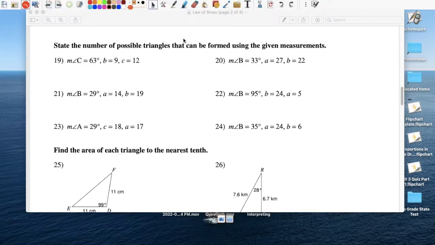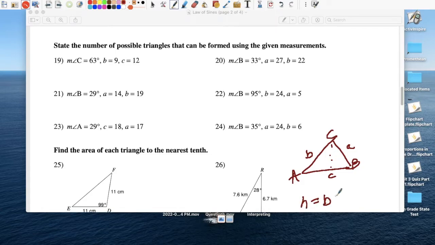When we talk about it in class, we draw triangles A, and I believe this was B and C. So this was little a, this was little b, this was little c. So to find the height, from the perspective of this triangle, was height equals b sine of A, right?